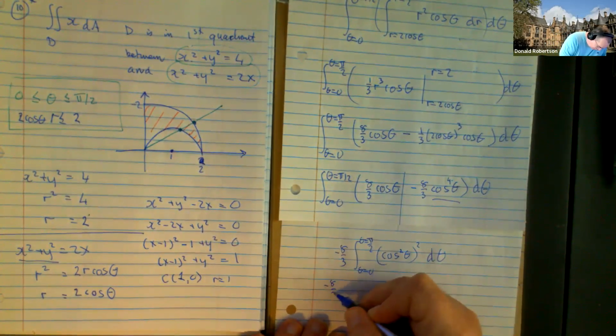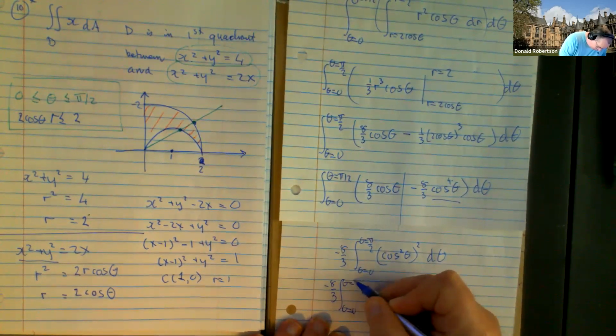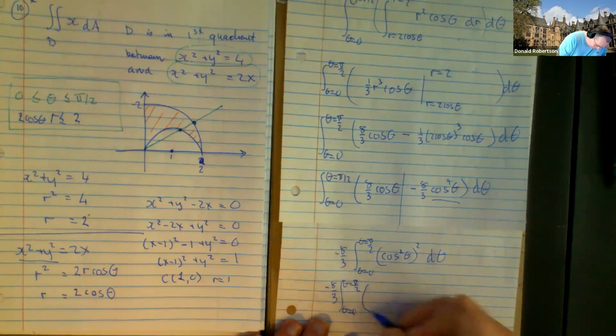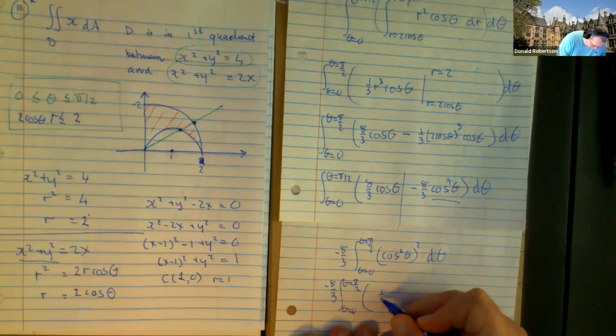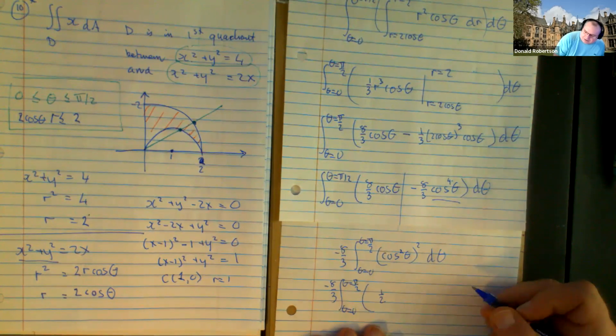Then what I'm going to do is replace cos squared theta by 1/2. Can anybody remember the double angle?